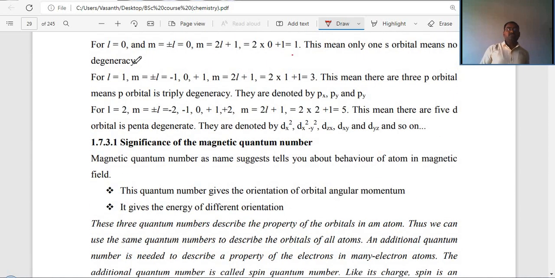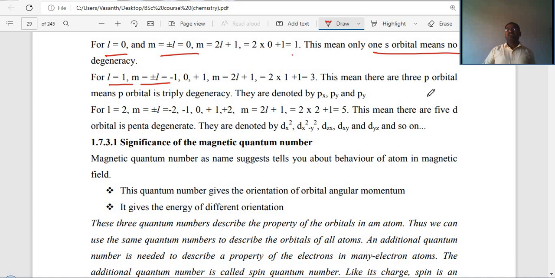For L equal to 0, m is equal to plus or minus L, that is also 0, m is equal to 0 only. This means there is only one s orbital, no degeneracy. In the case L equal to 1, m is equal to plus or minus L, that is minus 1, 0, plus 1. 2L plus 1 is here 3.